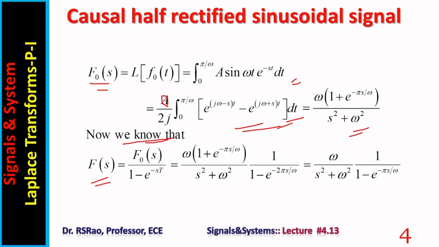It is F naught of s by 1 minus e power minus sT. This is the formula for Laplace transform of a causal periodic function. F naught of s is known. Substitution and a little bit of manipulation gives us F of s as a omega by s square plus omega square multiplied by 1 by 1 minus e power minus pi s by omega.